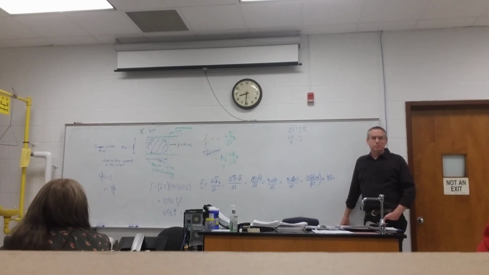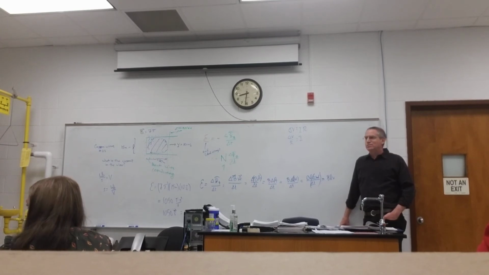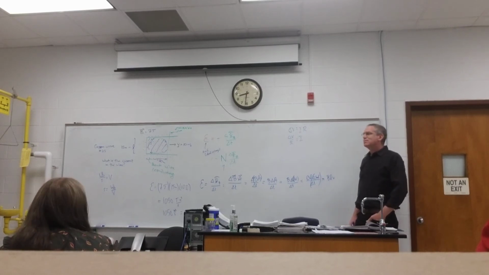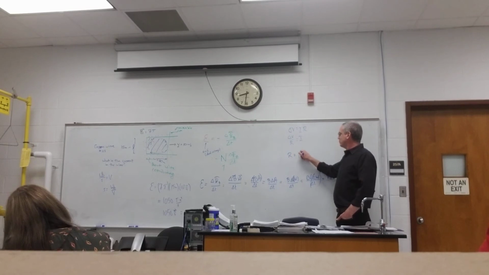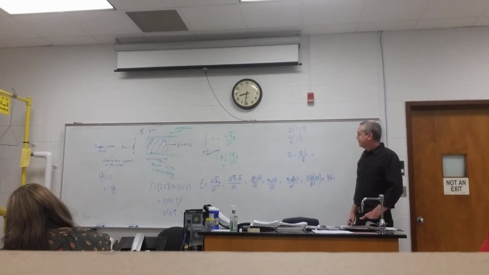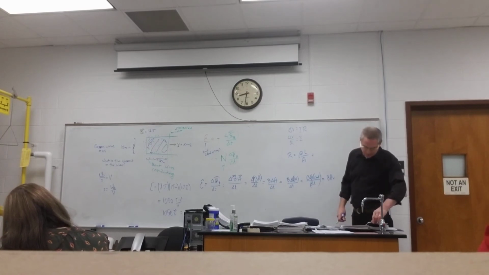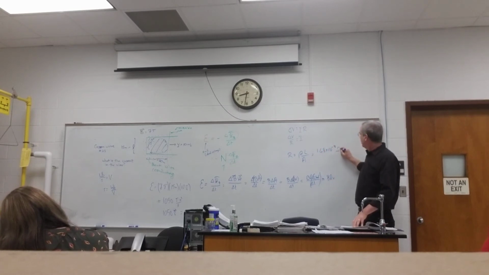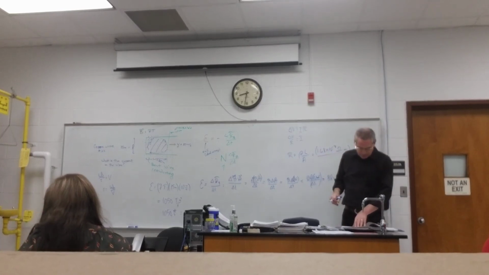The resistance is R equals rho times length over area. There we go. All right, so resistance, rho L over A. Rho is 1.68 times 10 to the negative 8th ohm meters, number 28 copper.